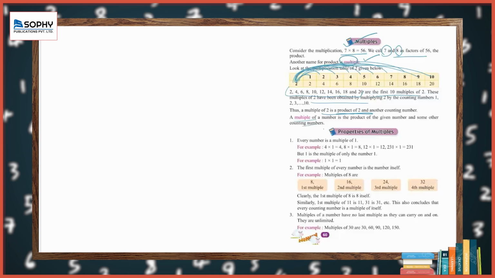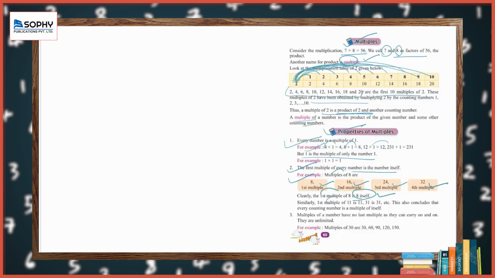Now, let's look at the properties of multiples. The first property says that every number is a multiple of 1. For example, when we multiply a number by 1, we get the same answer, students. The second property says that the first multiple of every number is the number itself. For example, multiples of 8 are the first multiple, second, third and fourth multiple. Clearly, the first multiple is 8 itself.